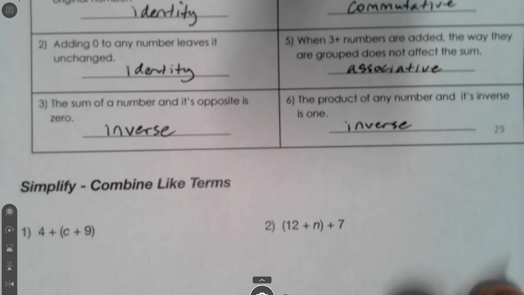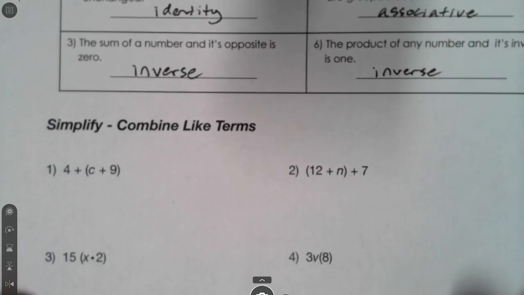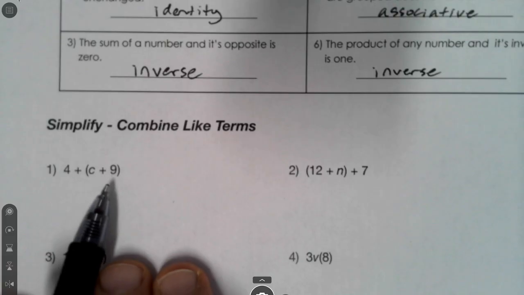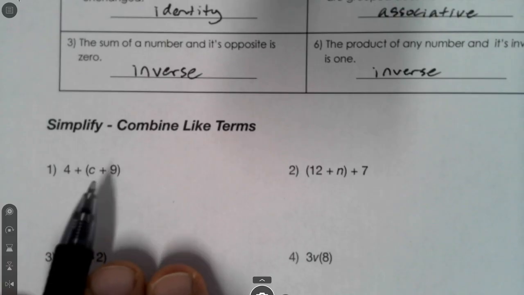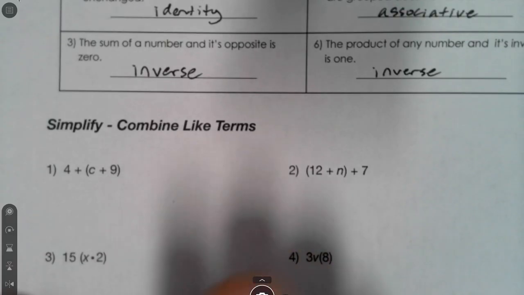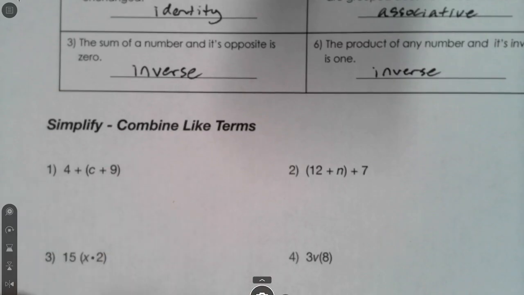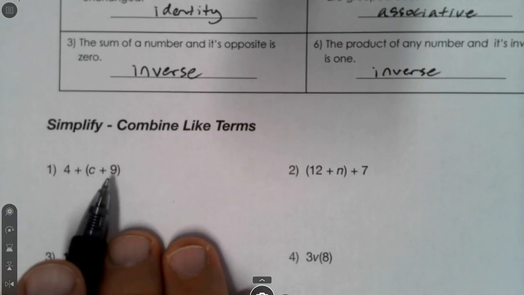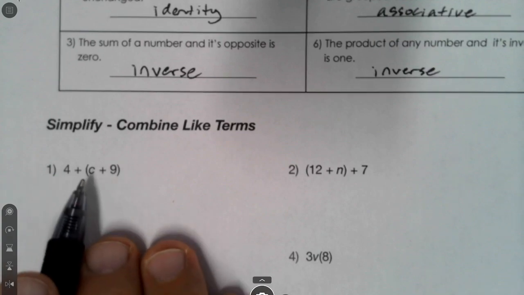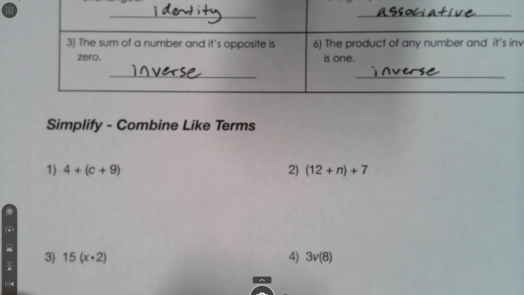Okay, switching gears, one other thing they will have us do in this section is just combine like terms. Now, we talked about the order of operations previously. You should do what's in parentheses first. However, there are times there's actually nothing you can do inside the parentheses. C and 9 are not like terms. This has a C, this doesn't, so I can't combine them.